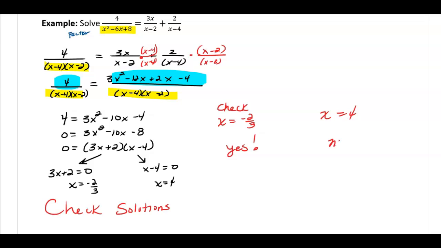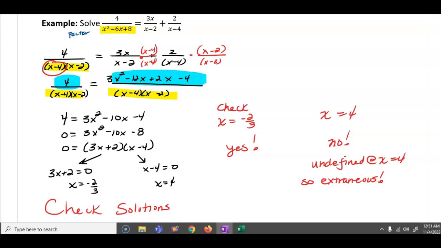Long story short, no, it is undefined at x equals 4, so it is extraneous. And it is undefined because right here, look, we have x minus 4. If I put in a 4 right there, that means that entire denominator equals 0.